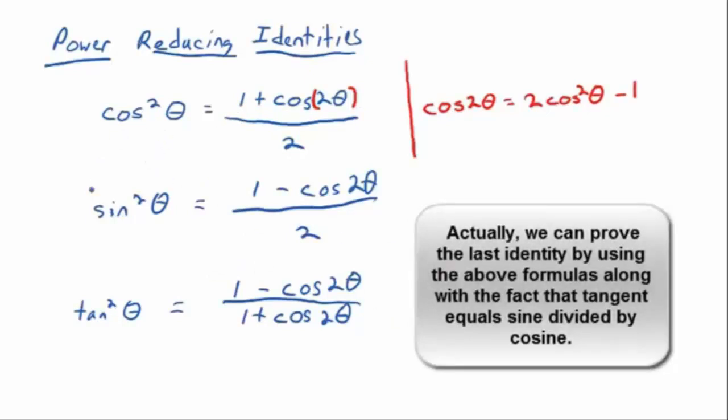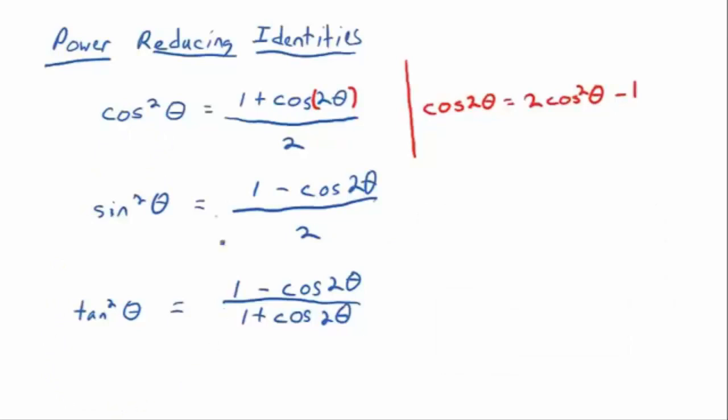From these identities, we obtain the half-angle identities. Now, substitute in for theta alpha over 2. Think about that. If you substitute alpha over 2 in for theta, then what does this become over here? Well, 2 times alpha over 2 becomes just cosine of alpha. And if you keep that in mind, then you'll know where the half-angle identities come from.